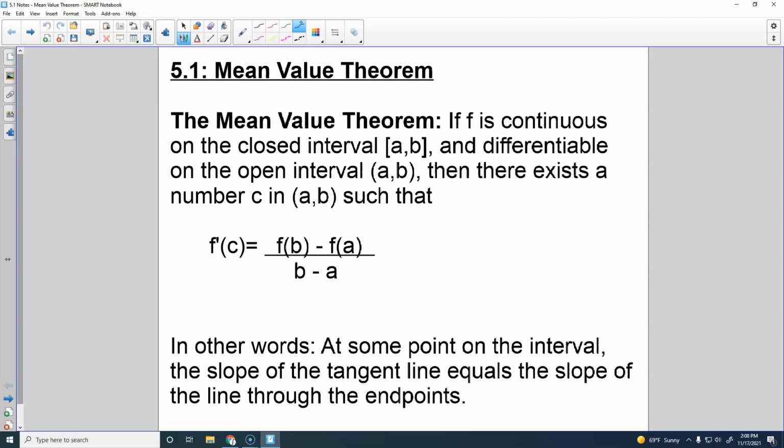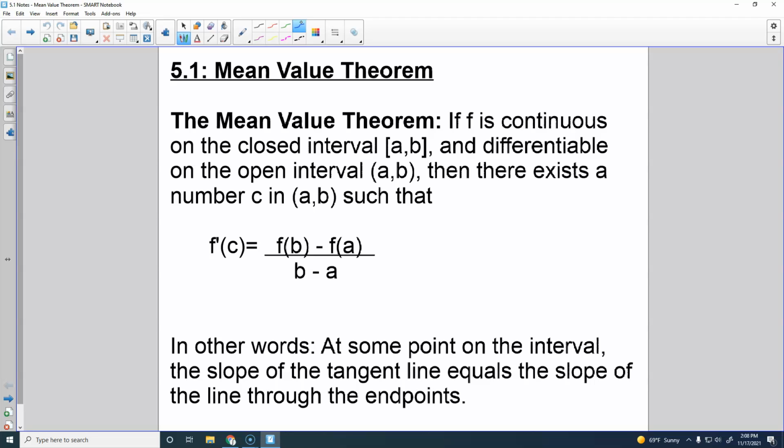All right, so let's talk about mean value theorem. Mean value theorem tells us, this is your definition here, if f is continuous on the closed interval, a to b, and differentiable on the open interval, a to b, then there exists a number c in (a, b) such that f prime of c equals f of b minus f of a over b minus a.